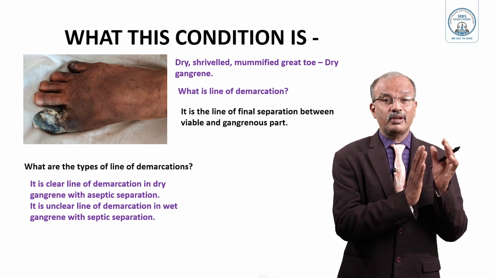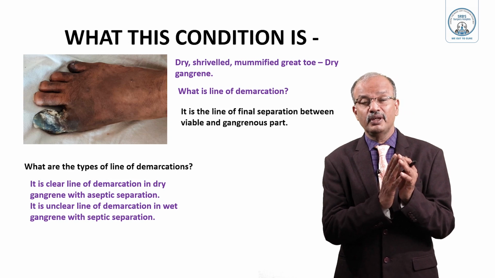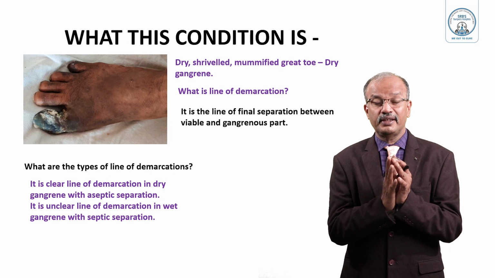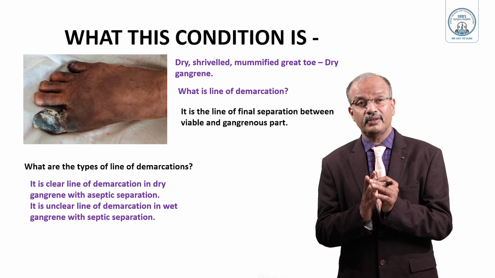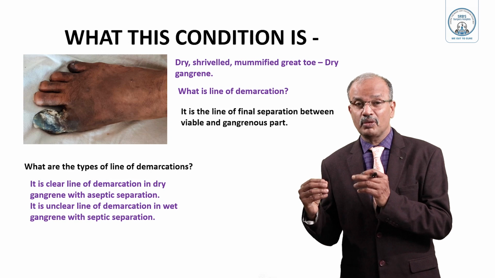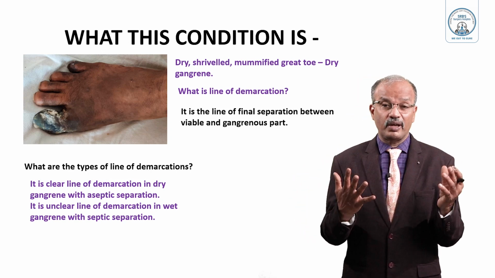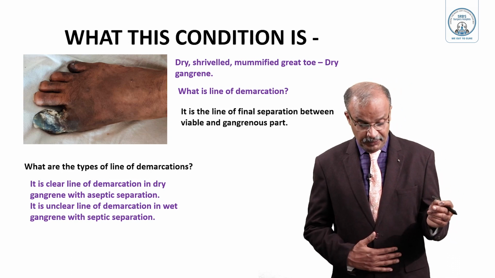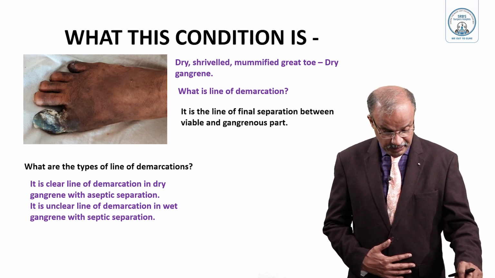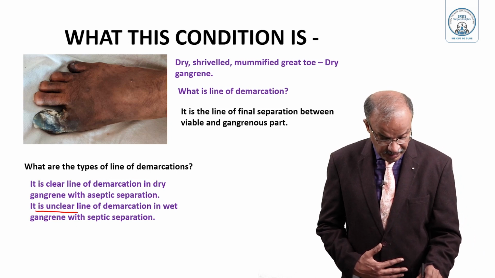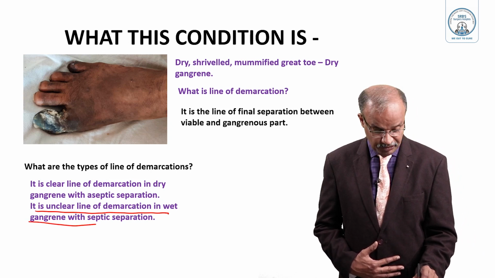If there is a poor line of demarcation, that means disease progression can occur proximally, especially in wet gangrene. It is more infective, and it may spread proximally more. So there is no clear line of demarcation in that. It is an unclear line of demarcation in wet gangrene with septic separation.